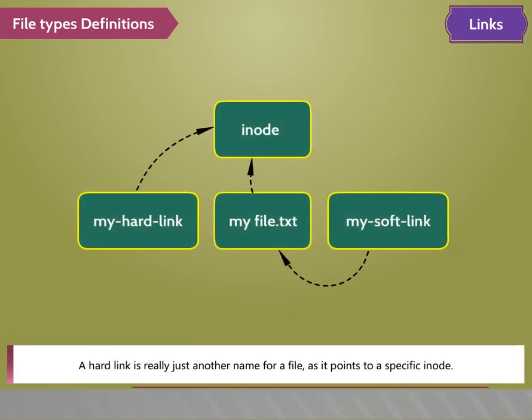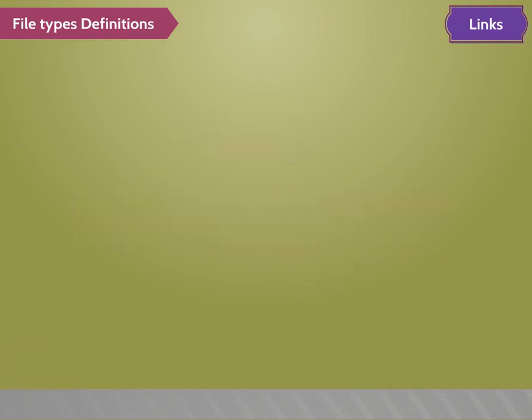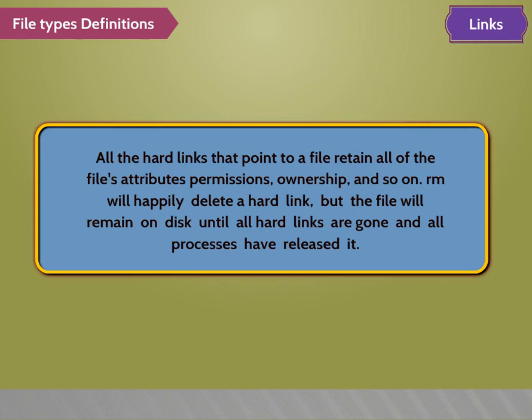A hard link is really just another name for a file as it points to a specific inode. All the hard links that point to a file retain all of the file's attributes, permissions, ownership, and so on. rm will happily delete a hard link, but the file remains on disk until all hard links are gone and all processes have released it.